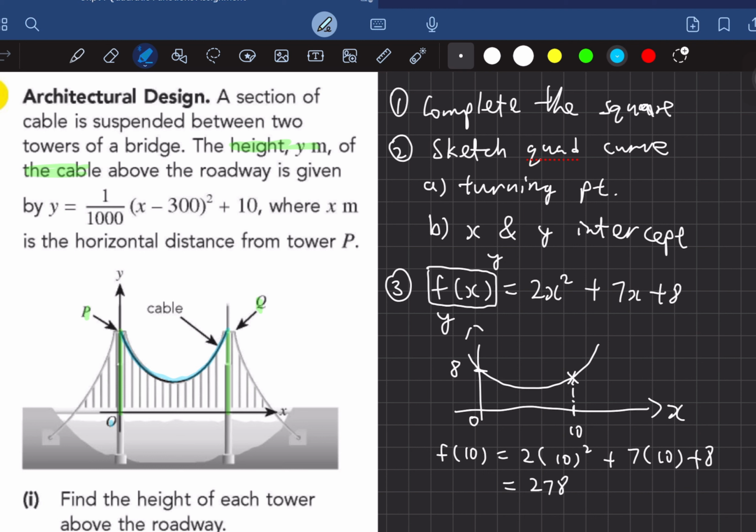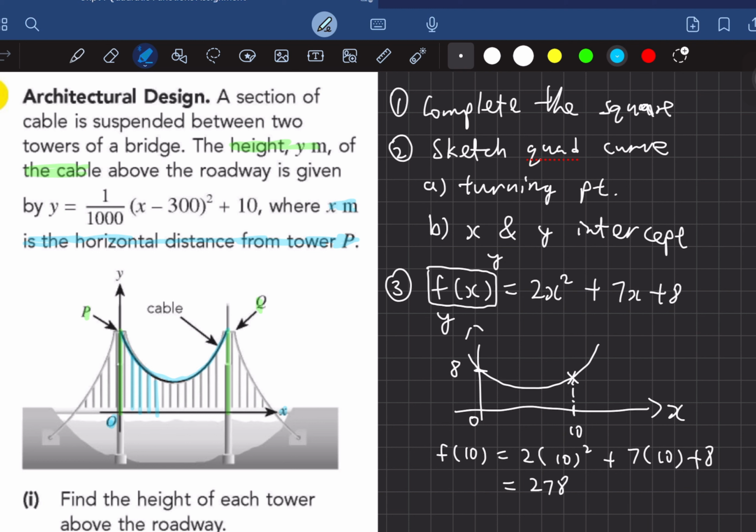Height from the origin O. If you want to find all the respective heights here, we have to sub in the respective x value, which is here. This is given by y equals 1 over 1000 (x minus 300) squared plus 10, where x is the horizontal distance from the tower P.